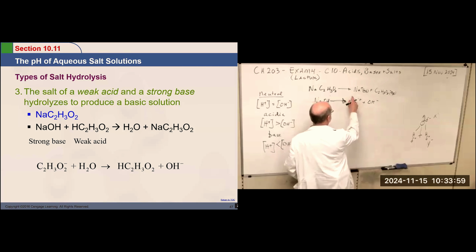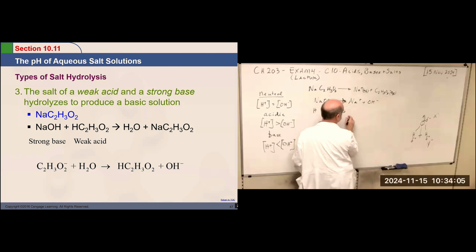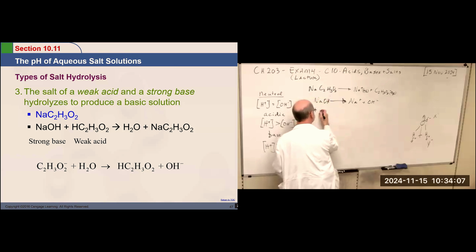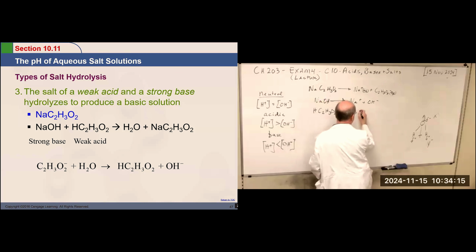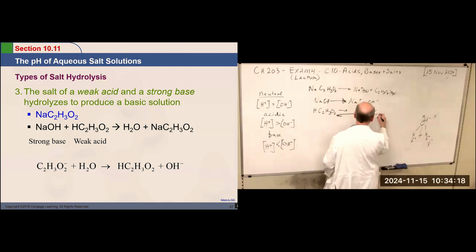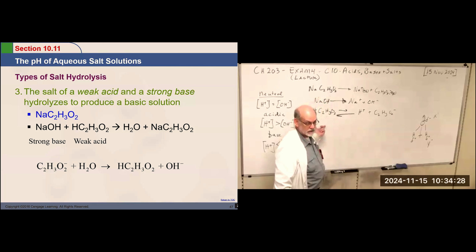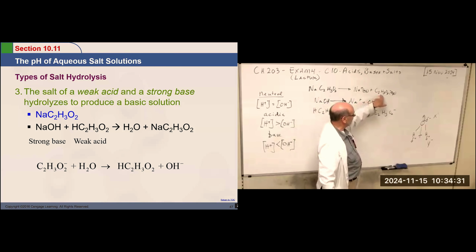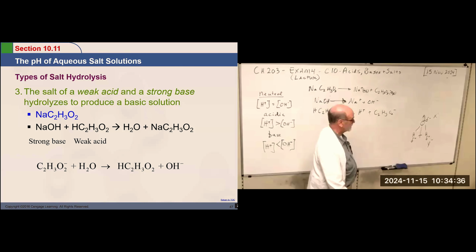But the acid that is associated with the acetate ion is a very weak acid. So when it dissociates, there's not much over here, C2H3O2 minus. Not much over there. So where does it want to be? It wants to be over here. When you put it in solution, then that ion is going to want protons from somewhere. And it's going to get them.